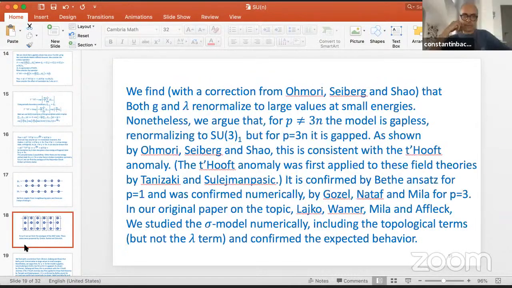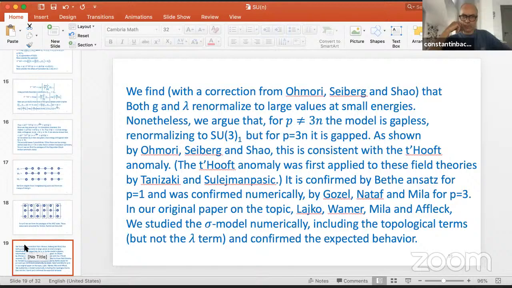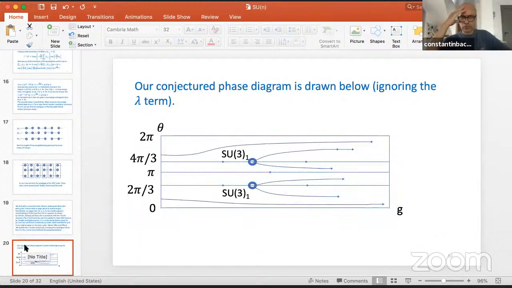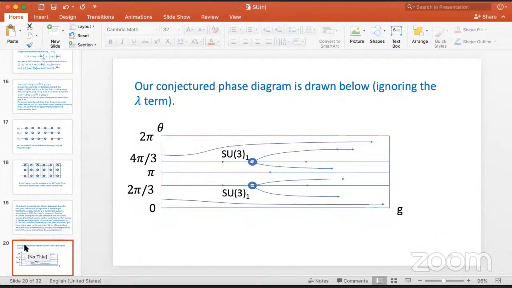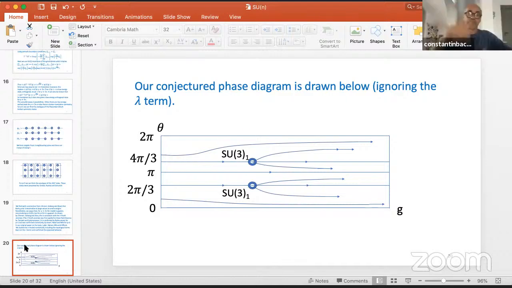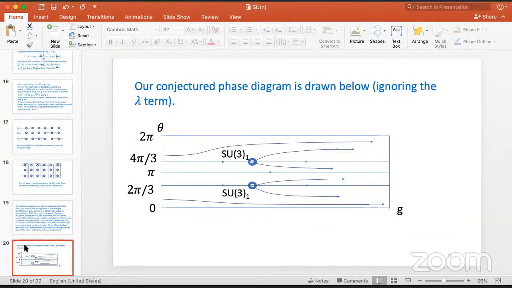I see, but what symmetry are you applying this to? Is it SU3 or? I think it's translation. So for the field theory, there's a discrete Z3 symmetry which corresponds to translation. I see. Which I think maps the 3 CP2 models into each other.